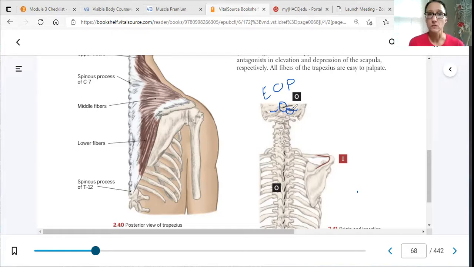Now the word nuchal, N-U-C-H-A-L, means neck. So that's next. Right here, let me show you that. Right here, you have a spinous process that goes like this. It is forked, okay?